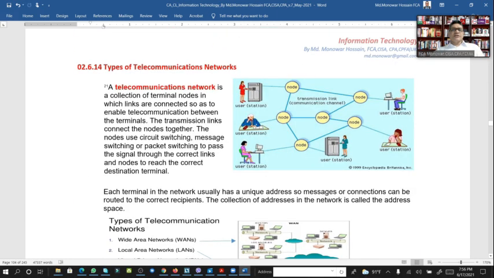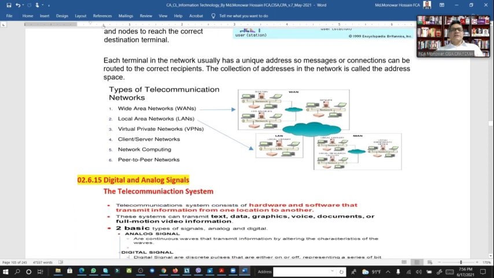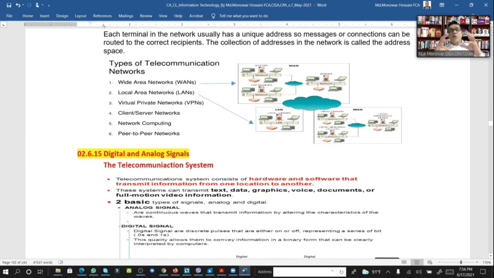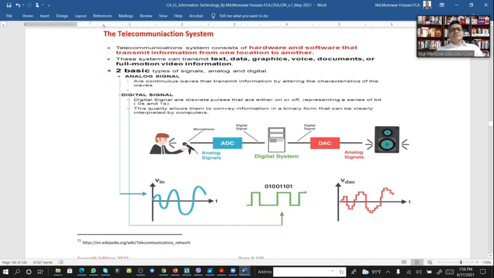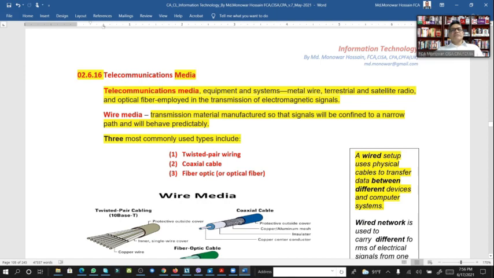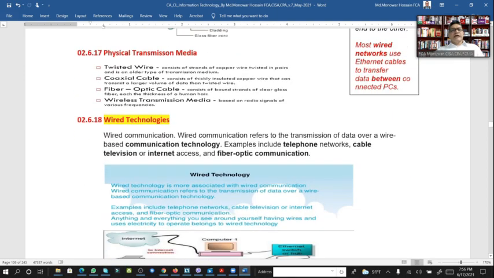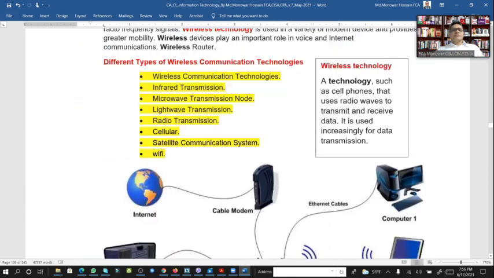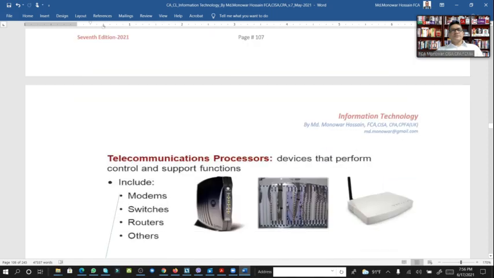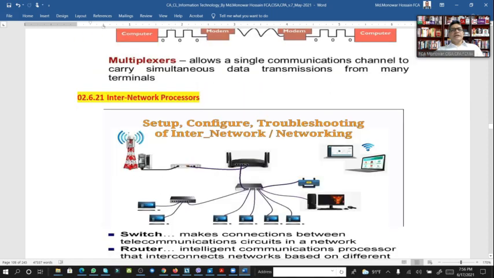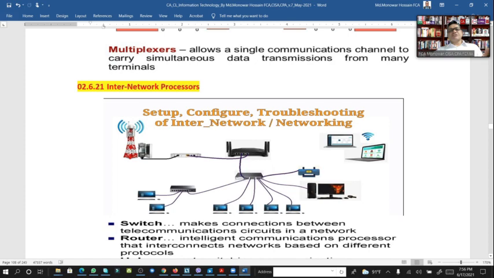And we have seen the types of telecommunication networks: wide area network WAN, local area network LAN, VPN, client-server, network computer, peer-to-peer, etc., and digital and analog signals. We have seen the telecommunication media, wired technology, wireless technologies, and internetwork processors.